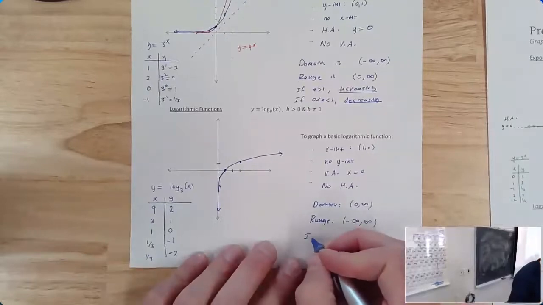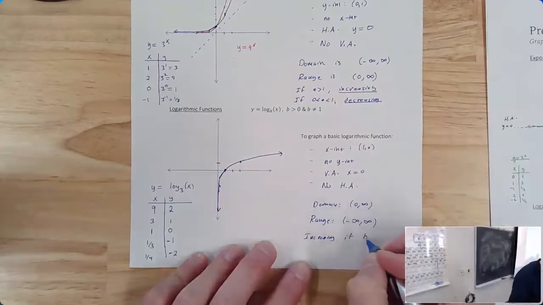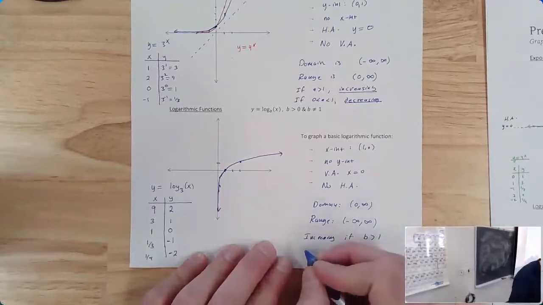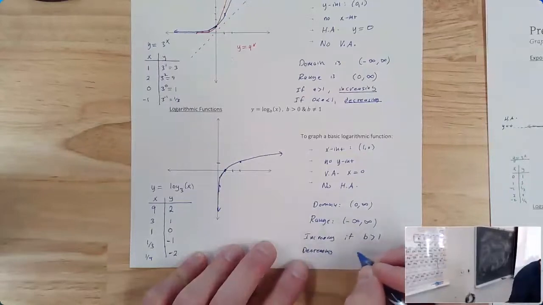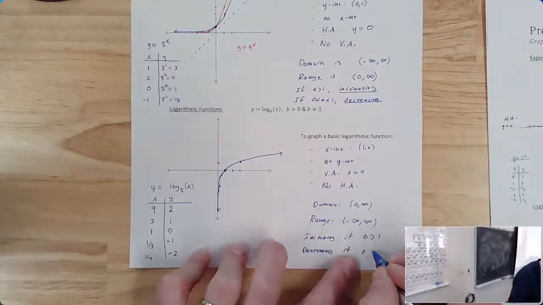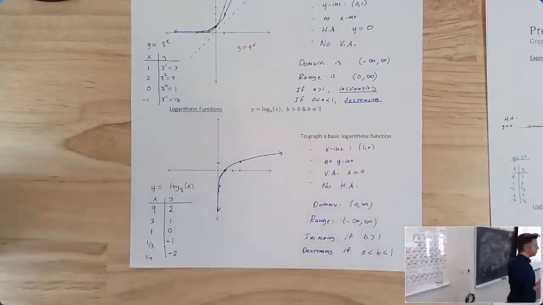It's going to be increasing if your base is greater than 1, and it's going to be decreasing if your base is between 0 and 1, which again is kind of an atypical situation. You're usually not going to see a logarithm where your base is 1/3, but you could.